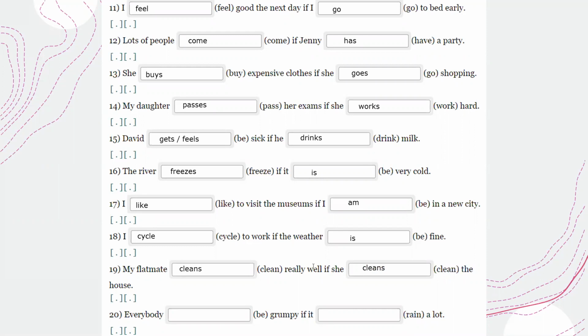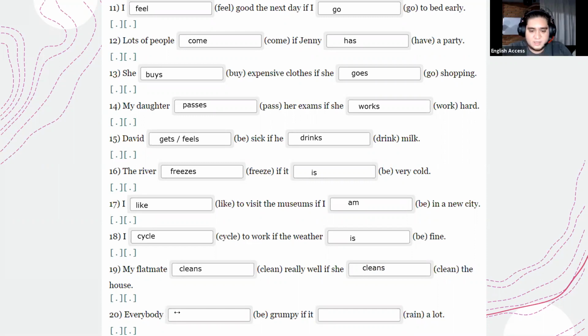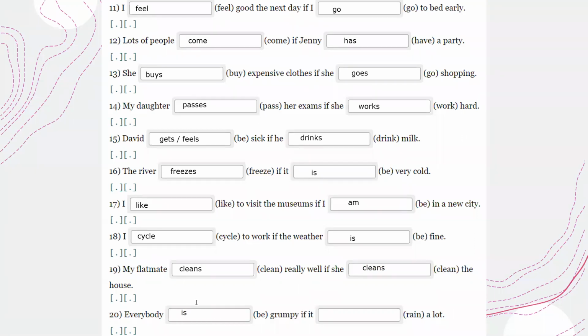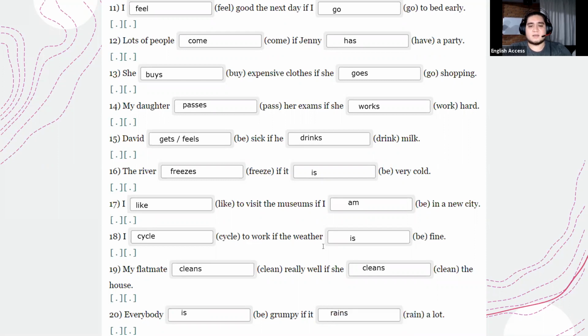And the last one. Everybody is grumpy if it rains a lot. Now, do you think in this case we could have more options?